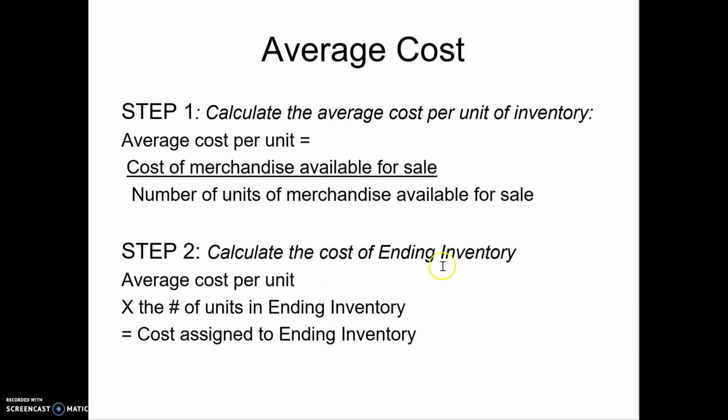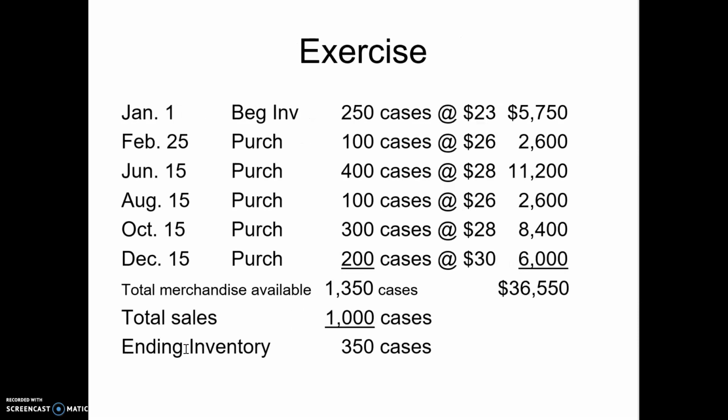So then step 2, to calculate the cost of ending inventory, we're going to take that average cost per unit, multiply it by the number of units in ending inventory, and that's going to be the cost assigned to our ending inventory.